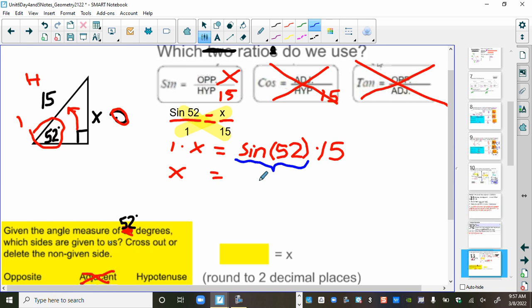Well, what do we get for the sine of 52? 0.78801075.